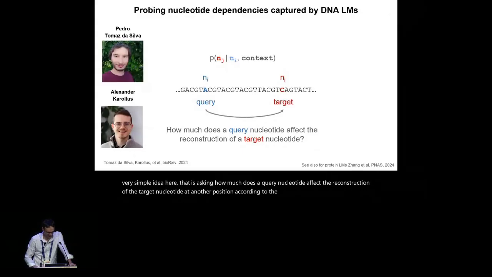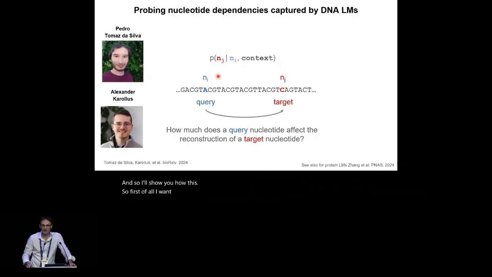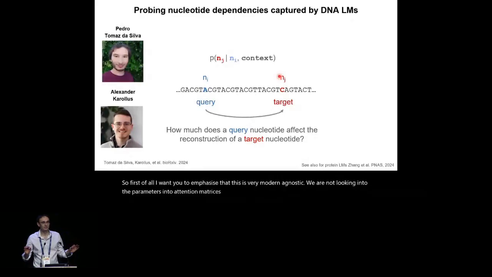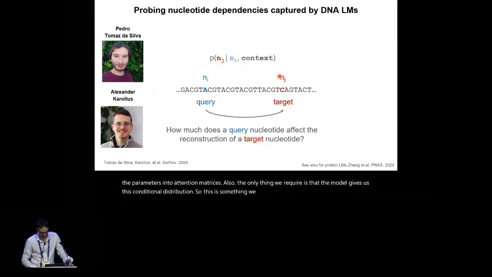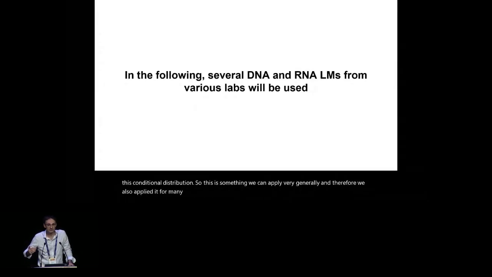First of all, I want to emphasize that this is very model agnostic. We are not looking into the parameters, into attention matrices or so. The only thing we require is that the model gives us this conditional distribution. So this is something we can apply very generally. And therefore, we also applied it to many foundation models, not only our species LM, also models from others.